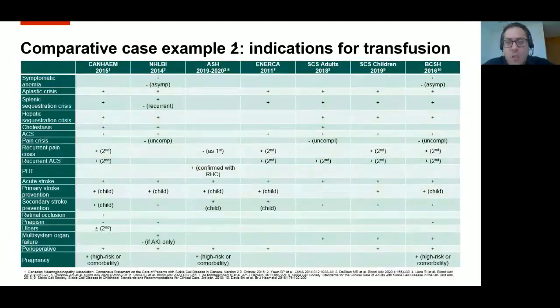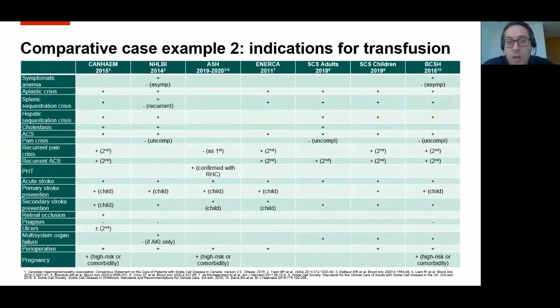When it comes to transfusion, it's more or less the same picture. The indications for transfusions were more or less the same, again, stimulated by the scope and year of publication of the guidelines. When it comes to acute use of transfusion for aplastic crisis, splenic sequestration, hepatic sequestration, or symptomatic anemia, this was unanimously indicated across guidelines.